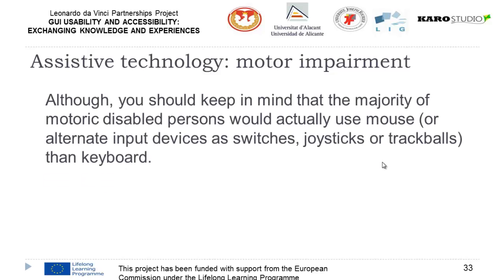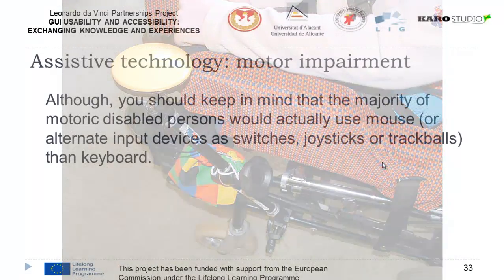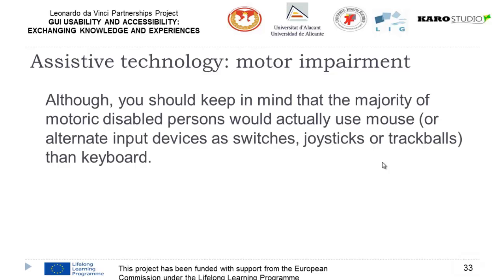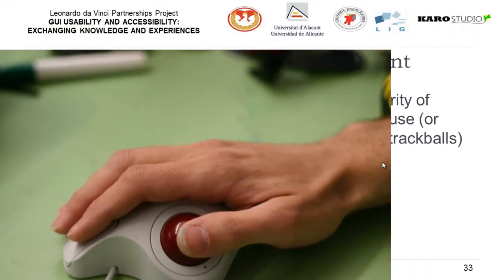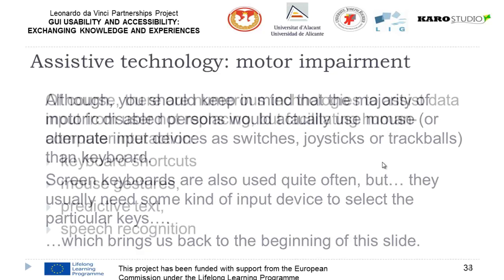Although you should keep in mind that the majority of motor-disabled persons would actually use a mouse or alternate input devices such as switches, joysticks, or trackballs rather than the standard keyboard. Screen keyboards are also used quite often, but they usually need some kind of input device like the particle keys, which brings us back to the beginning of the slide.